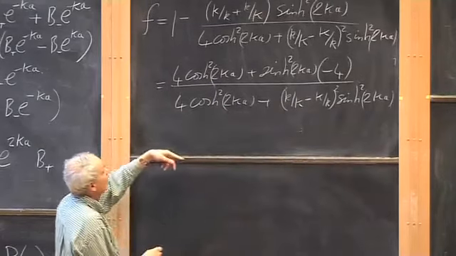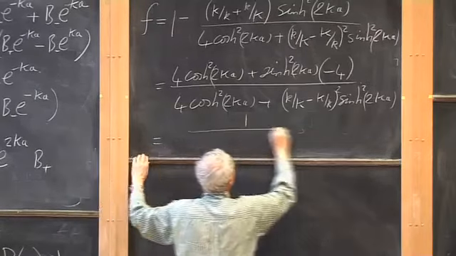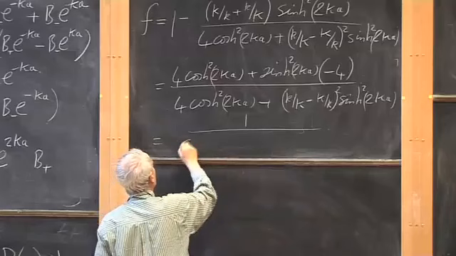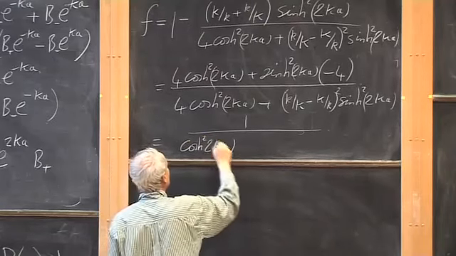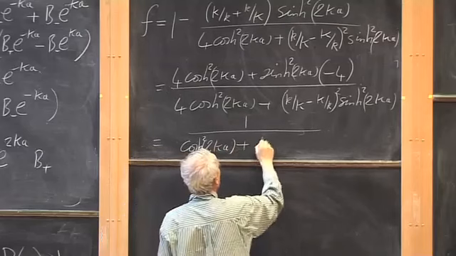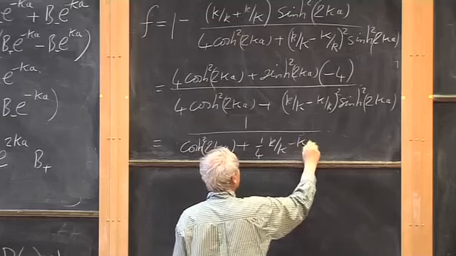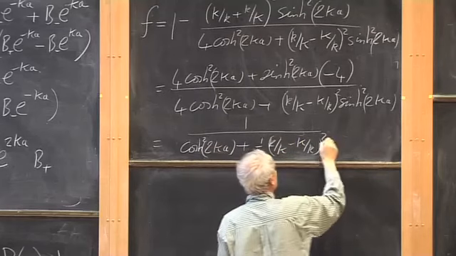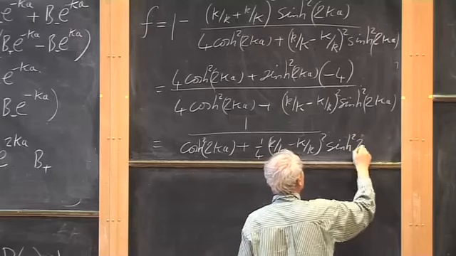So the 4s can be cancelled, and this actually is nothing but 1 over. So the fraction is 1 over cosh squared 2ka plus a quarter of (k/κ minus κ/k) squared sinh squared 2ka.